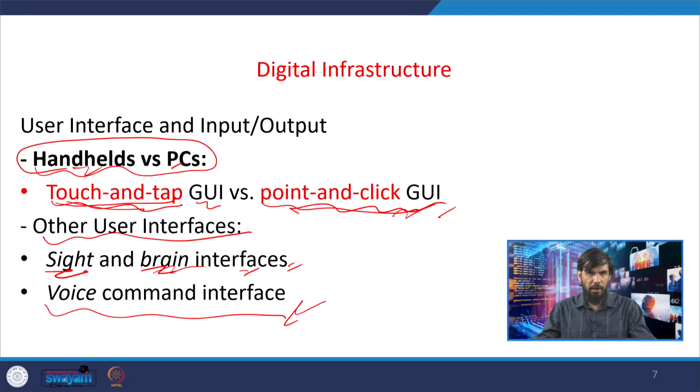We are already into a voice command kind of interface, but there the AI is detecting our voice command because it is able to predict the intent from our conversation.